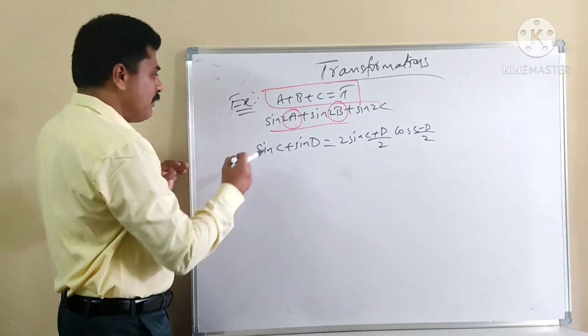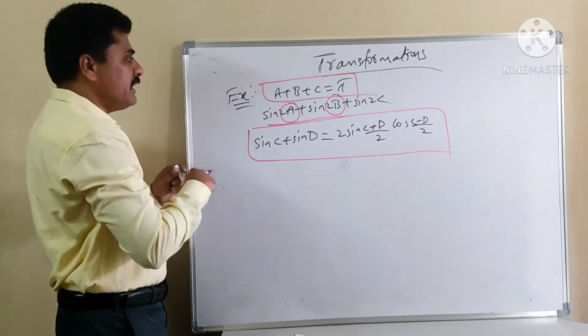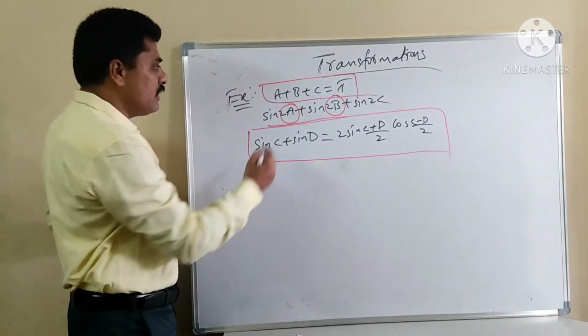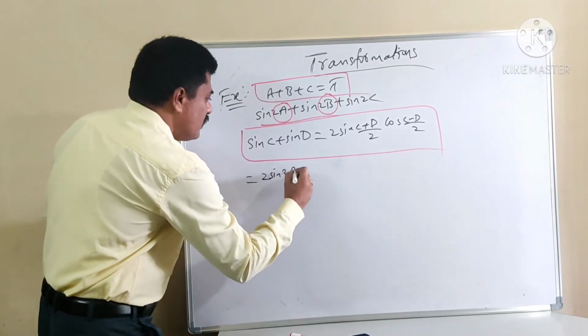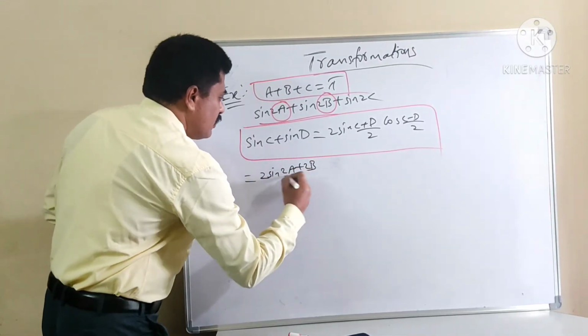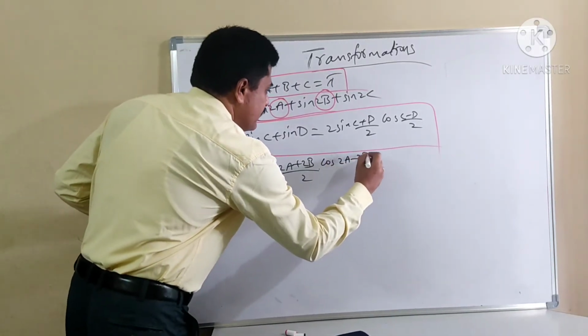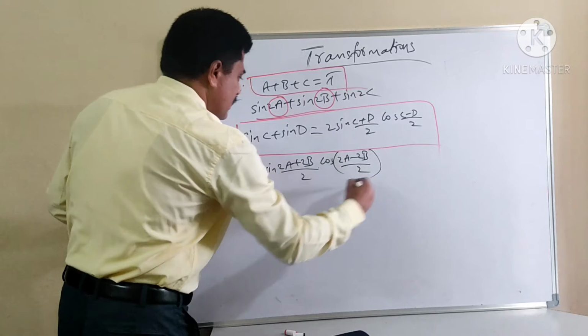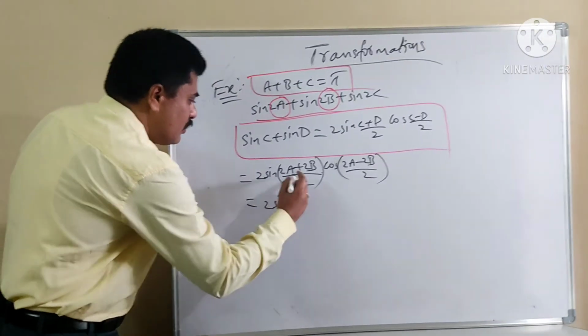So by taking the help of this formula, we will split the given question, that is sin 2A plus sin 2B. This can be written as 2 sin 2A plus 2B by 2 into cos 2A minus 2B by 2. Understood, my dear students? In this, 2 is common.